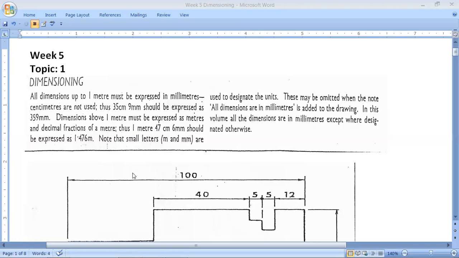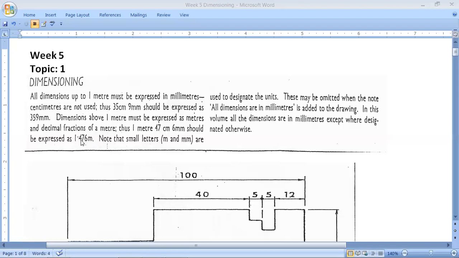When you express the measurement right here above the dimension line, you're going to express 1 meter, 0.476 meter. That's when you express the letter M in there, when the measurement is greater than 1 meter, 2 meter, 3 meter, 4 meter.